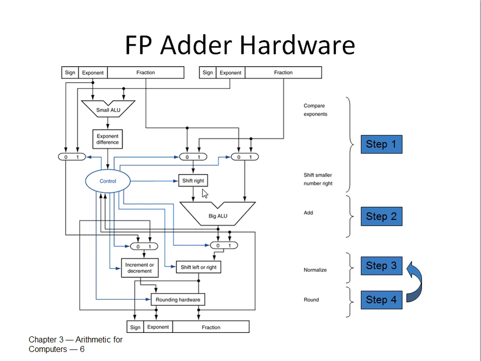The other thing that it'll do is when you come in here, the fractional part with a 1 added in has to pick which one. This is the one that'll get shifted, so it'll tell the shifter how much the difference was. And it'll pick the one that's smaller to go into the shifter so it can choose between the two.